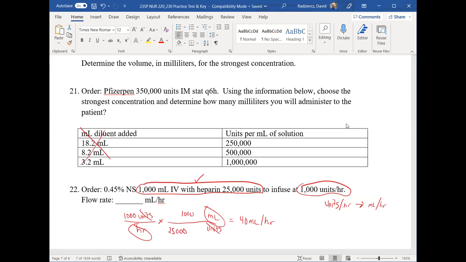All I care about is the strength. Here it told me to choose the strongest concentration. My order is 350,000 units. My strongest concentration is 1 million units per milliliter. So I'm just going to take my 350,000 over my 1 million units.